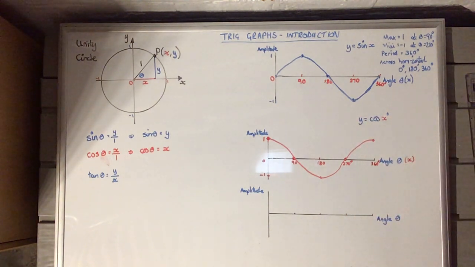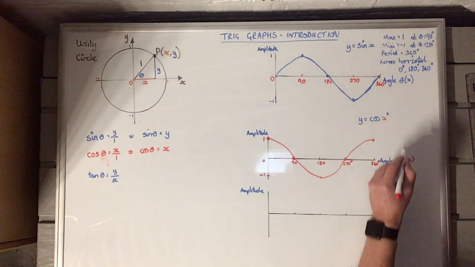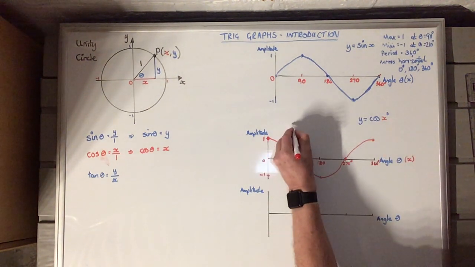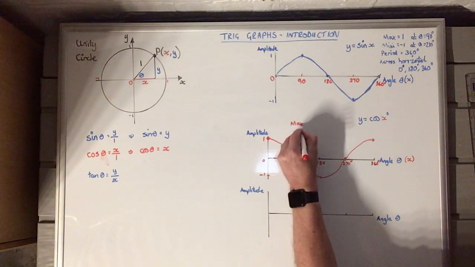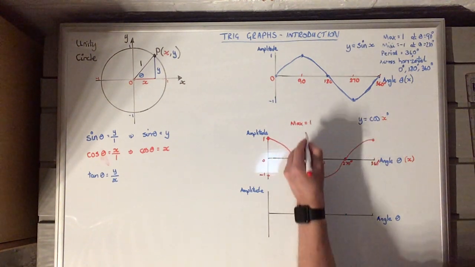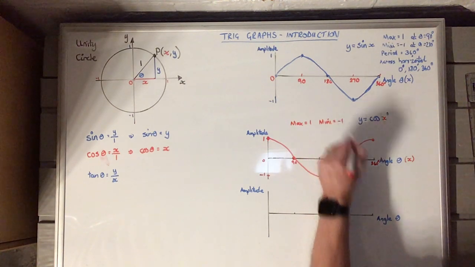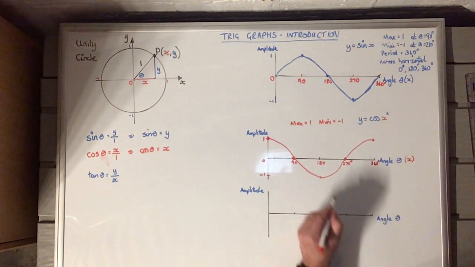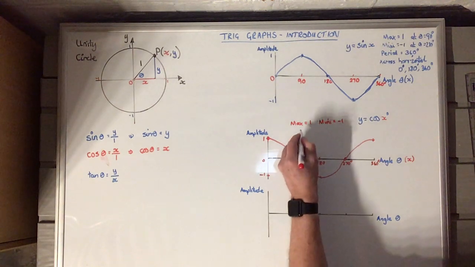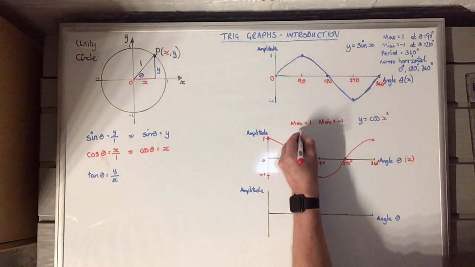x degrees. Okay, so what do you have to know for that? Well, it's the same as the sine graph. So we have to know the max value. Max value is 1. Minimum value is equal to -1. And the max value occurs at 0 degrees.